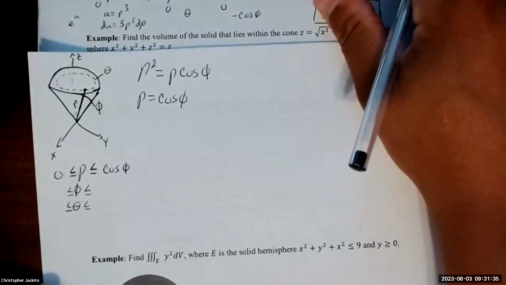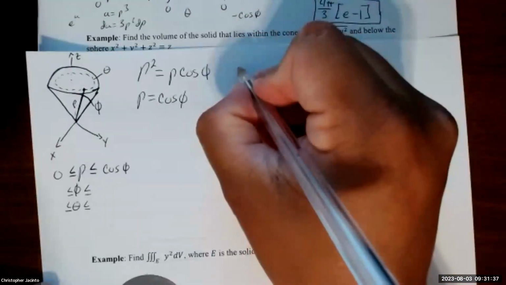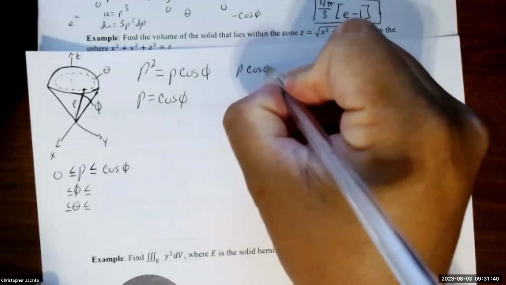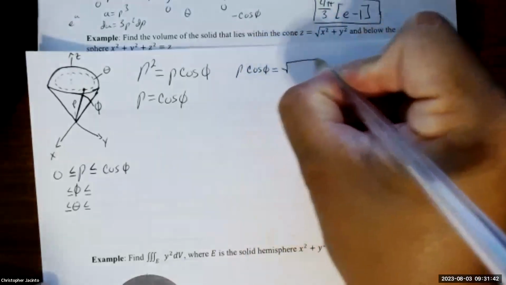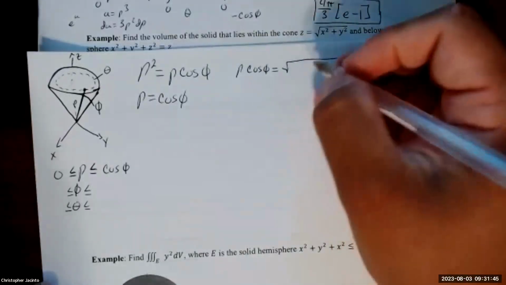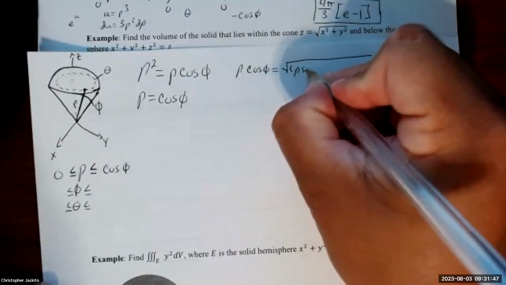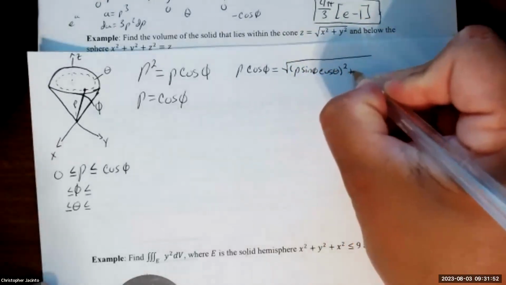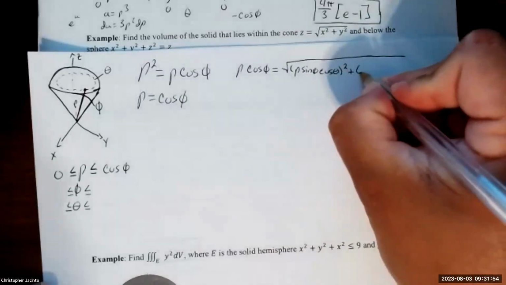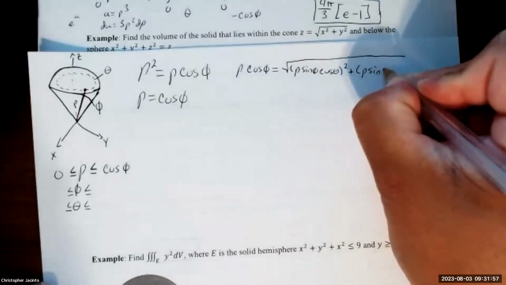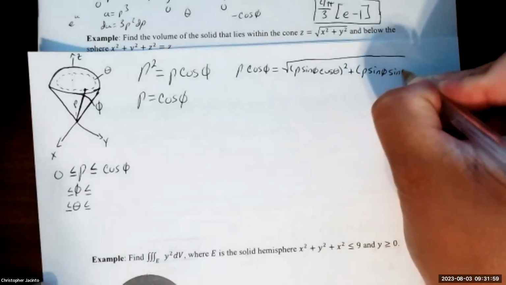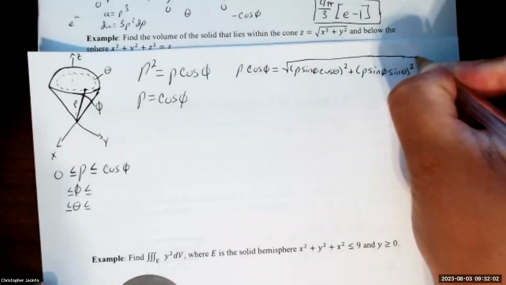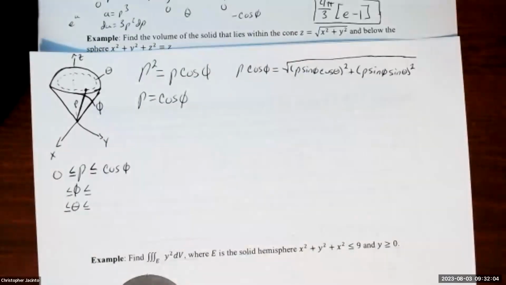Now we use this one right here. This one says rho cosine phi is equal to the square root of x squared plus y squared, looking like that. Okay. So I'm going to quickly just skip a step here.